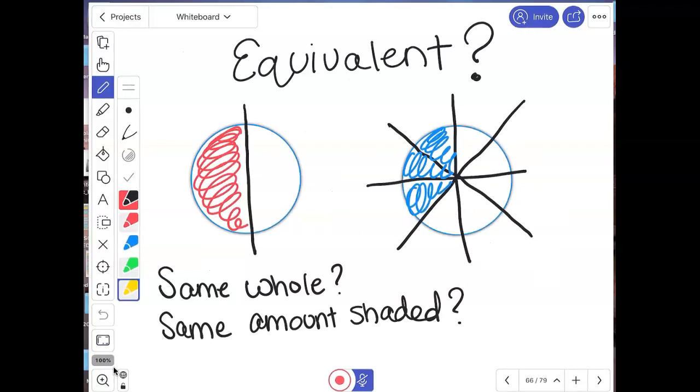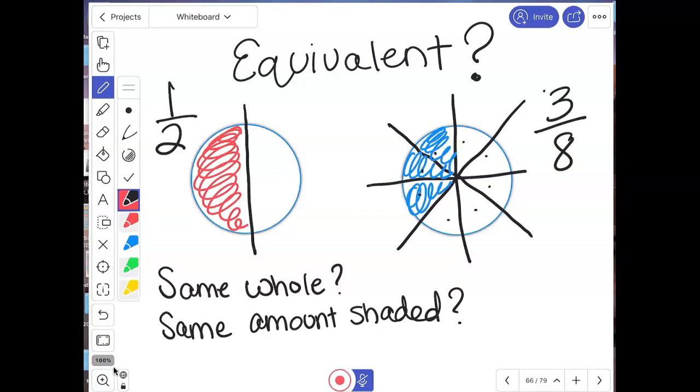So the question is, are these equivalent? Is the blue equivalent to the red? Well, first I need to figure out what fraction I have here. I've got 2 parts total, so that's my denominator. One of them is red. And over here, I've got 1, 2, 3, 4, 5, 6, 7, 8 parts total. 3 of them are shaded.